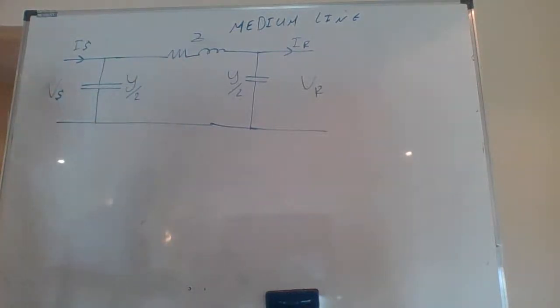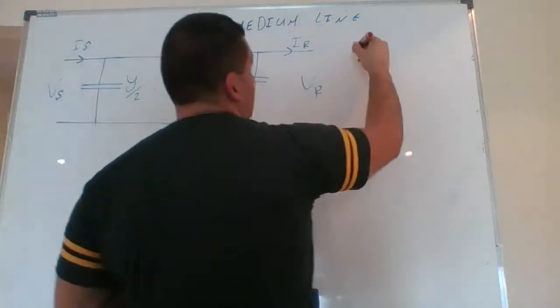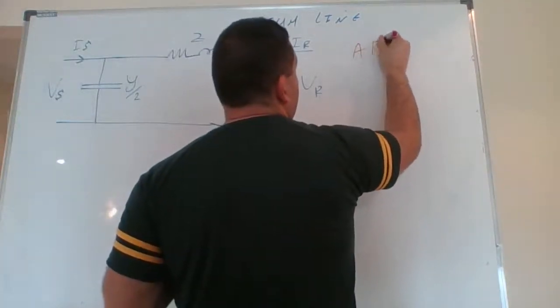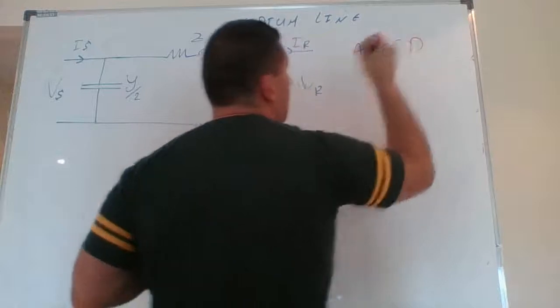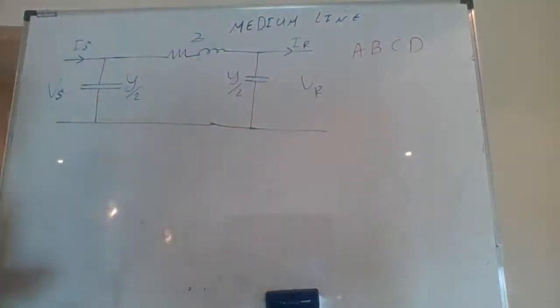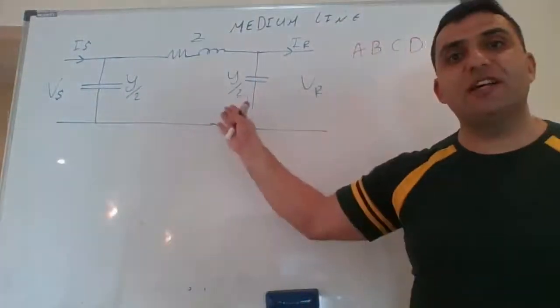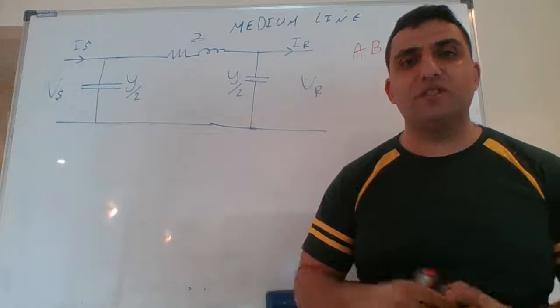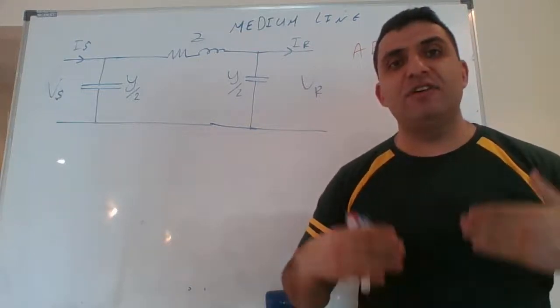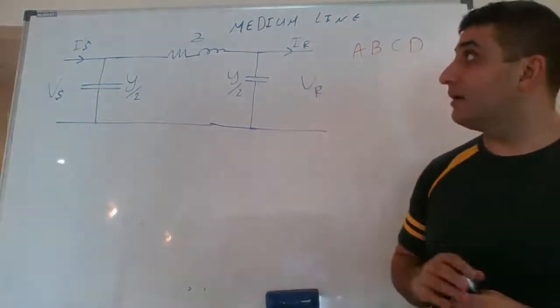Now my aim is to find the A, B, C, D complex parameters. How do I do this? I use circuit analysis, and it's very easy, you will see, it will end up being a very simple task. Okay.